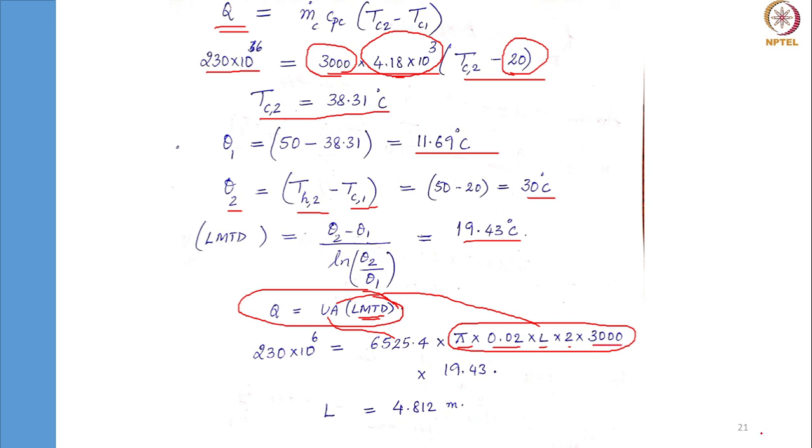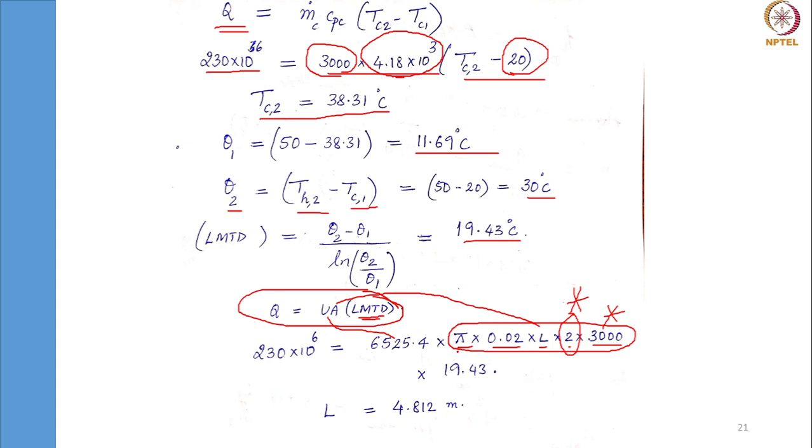So we have 3000 tubes that is accommodated here. We have two passes that is already mentioned, that we need to find out length of that heat exchanger when two passes are required. So even that is accommodated here.